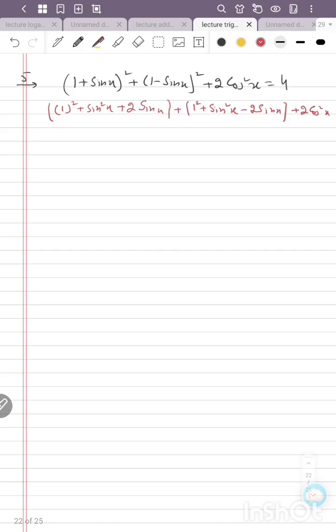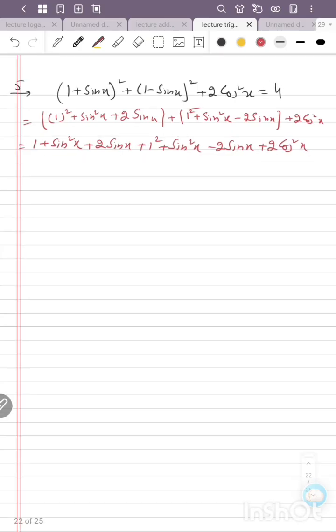cos square x. Okay, how to solve this one? Here, the first one is 1 plus sin square x plus 2 sin x. The next one is plus 1 square plus sin square x minus 2 sin x plus 2 cos square x.